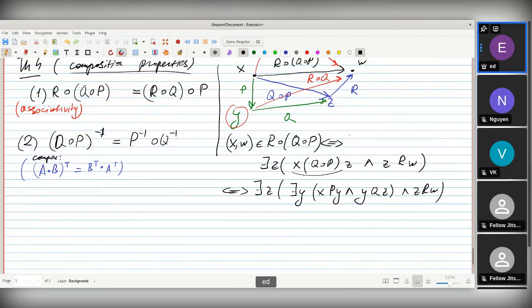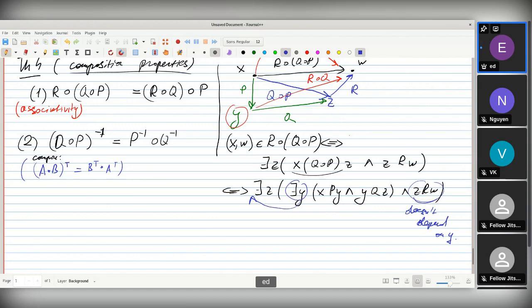And now look, this doesn't depend on Y. So you can move this quantifier out of the bracket. There is Y with such property and something. You can transform it equivalently to the following.